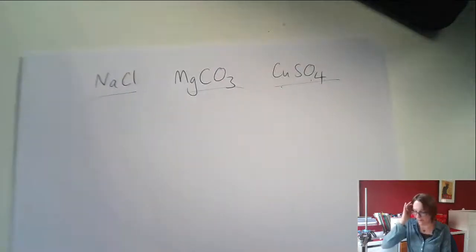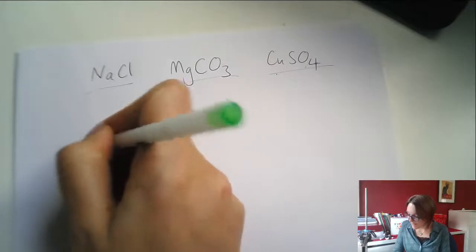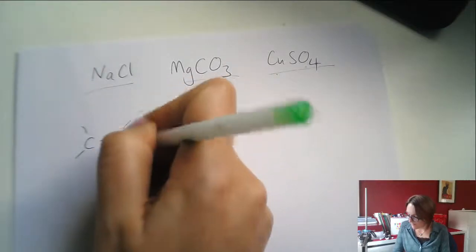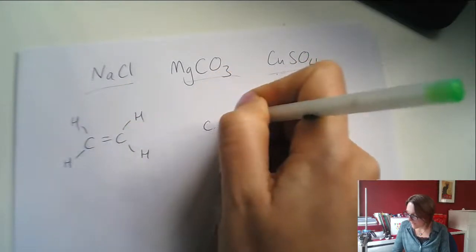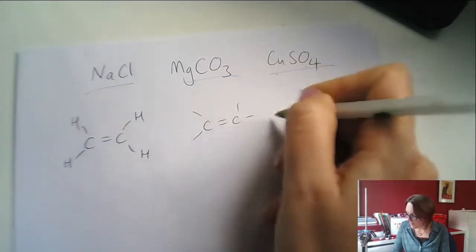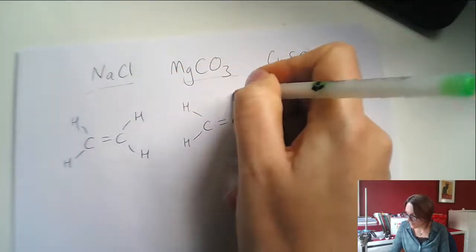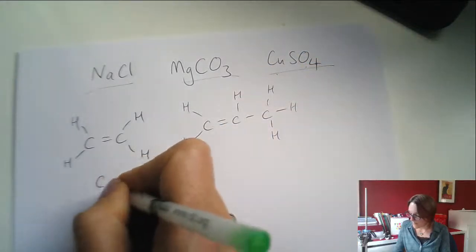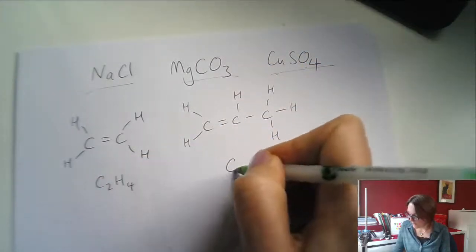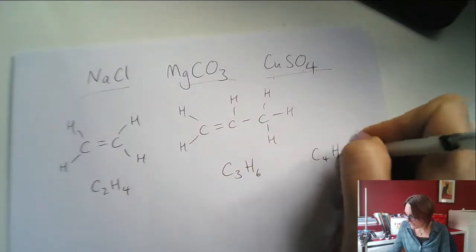However, if we were to look at a series of alkenes, so if I have my ethene and follow it up with propene and so on, I could keep doing it, and because of their general formula being CnH2n, I would have C2H4, C3H6, C4H8 would be my next one.